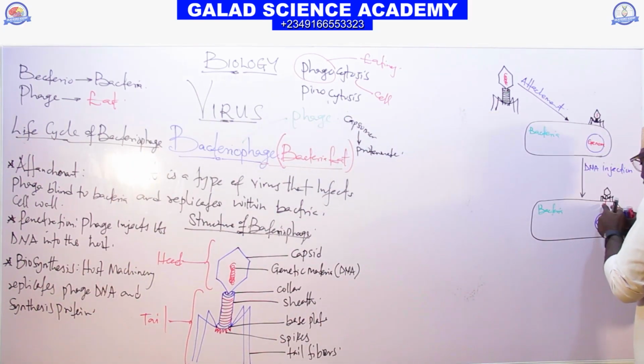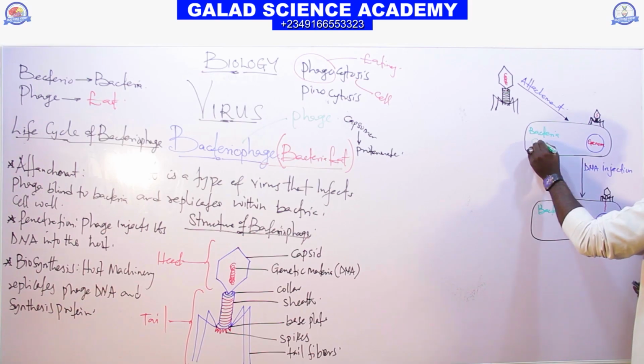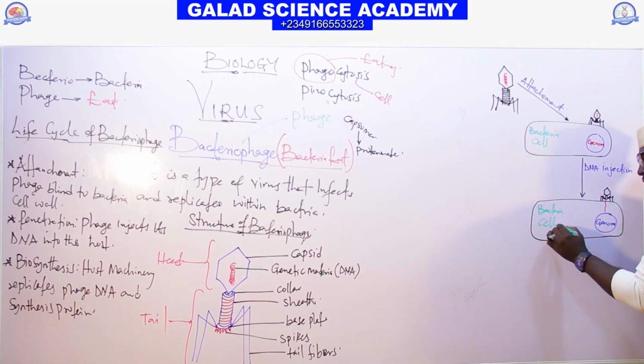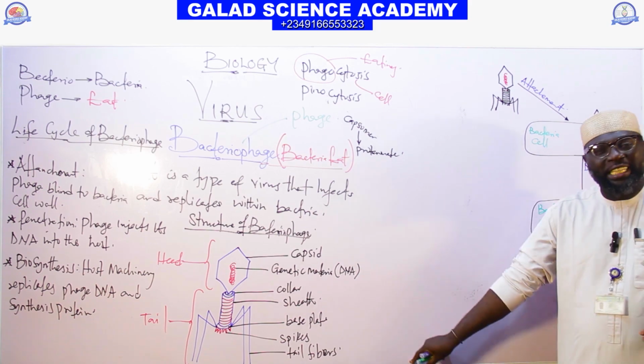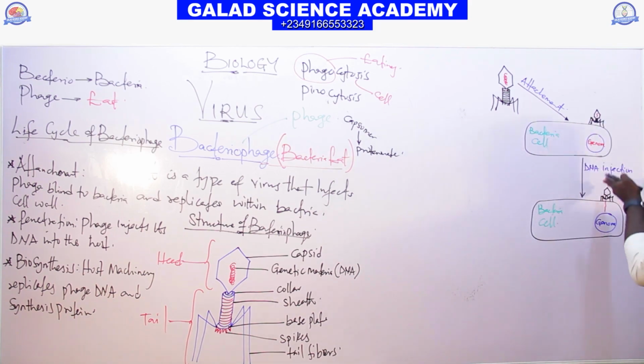So immediately this thing gets into the bacterial cell, this DNA attaches itself to the genetic material of the bacterial cell. When it gets there, biosynthesis will occur, the replication of this DNA.